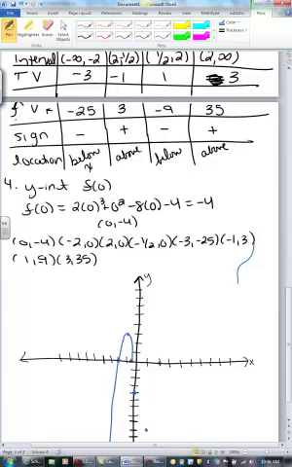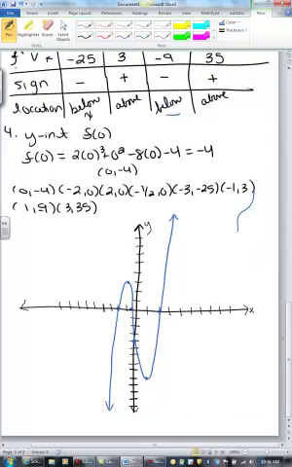Then we're below the x-axis from -1/2 to 2. So it looks like we're probably going to do this. And then again, we're above the x-axis. So that gave us enough information to sketch out that graph pretty well. And again, we want to make sure we label. And we have our function. So all of that information that we need to gather.